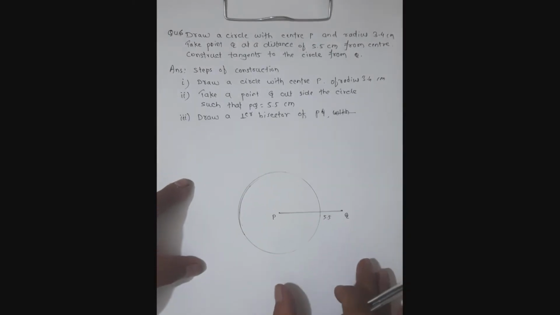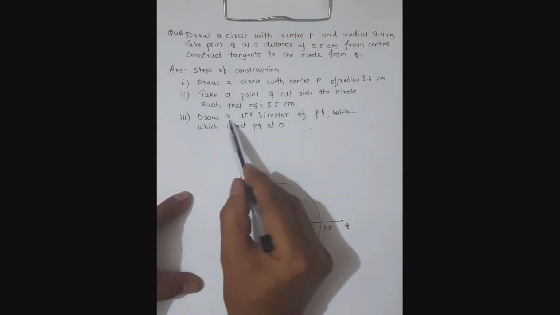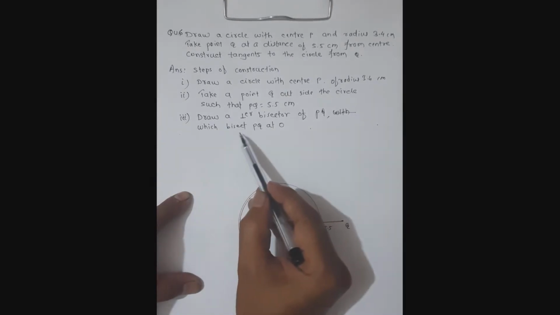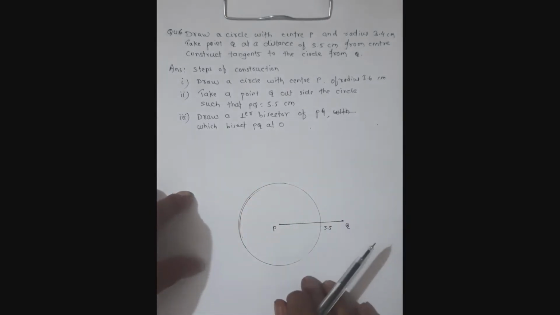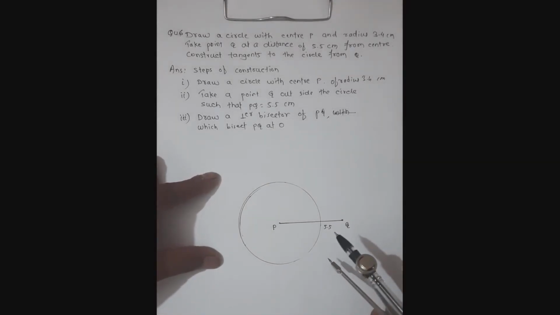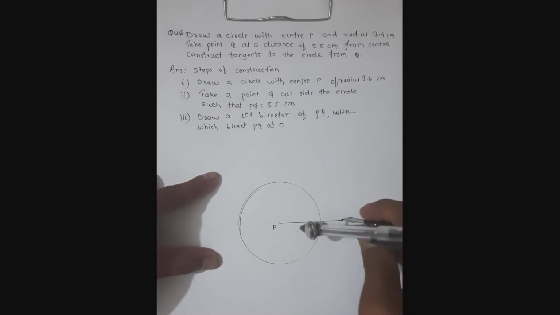So we write in third step, draw a perpendicular bisector of PQ which bisects PQ at O. So first we draw a circle, then we take point Q which is at distance 5.5 centimeter. Then in third step we draw a perpendicular bisector of this segment PQ.